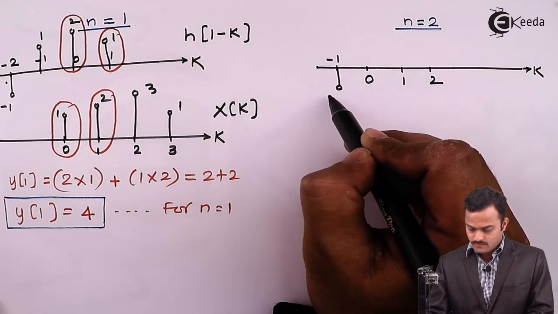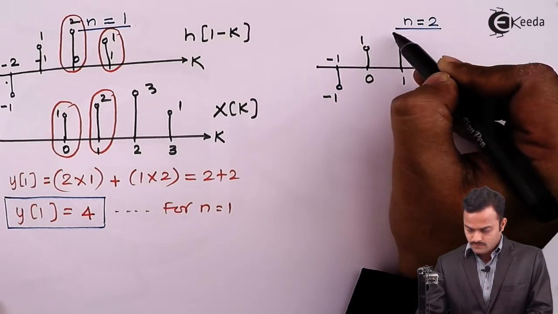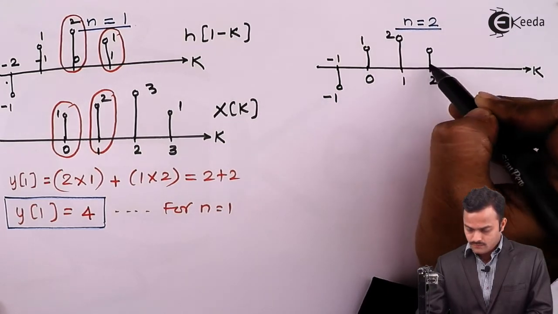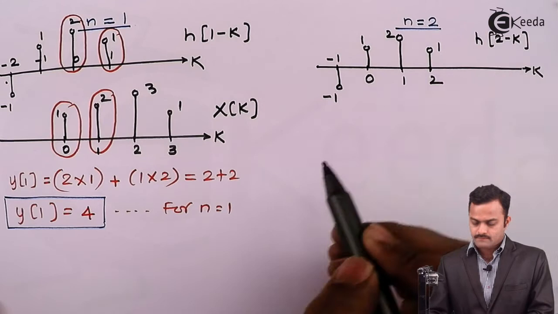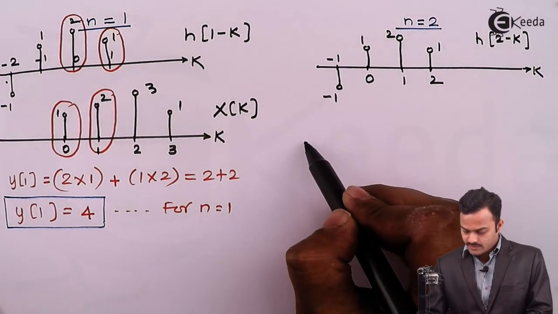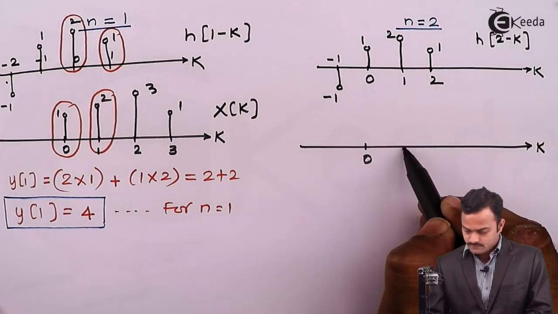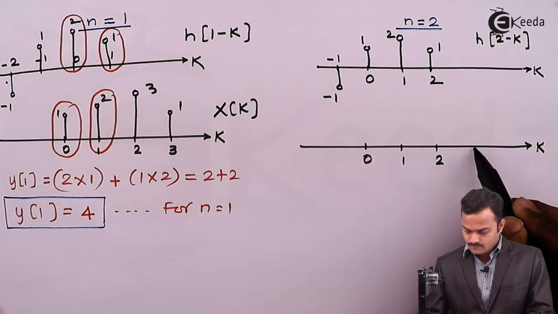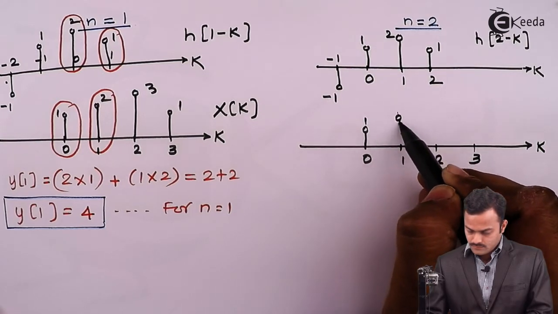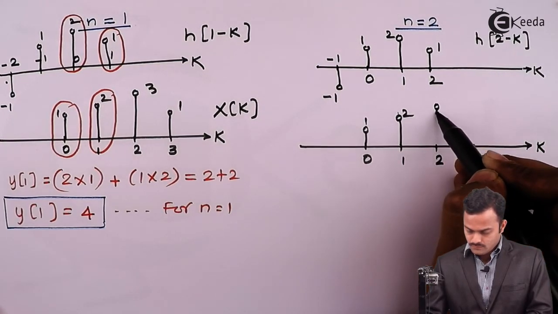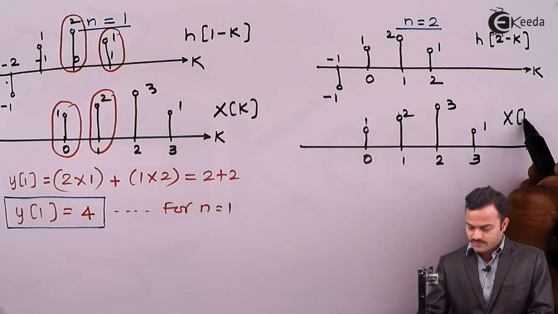And the values are minus 1, 1, 2 and 1. So this is h of 2 minus k. This needs to be multiplied with x of k, which will remain as it is, with the values 1, 2, 3 and 1 once again. So this is x of k.